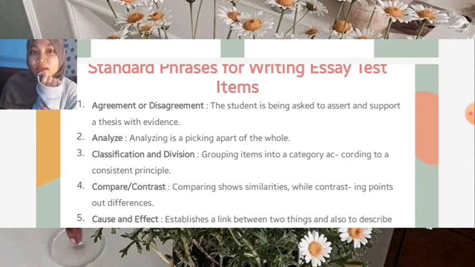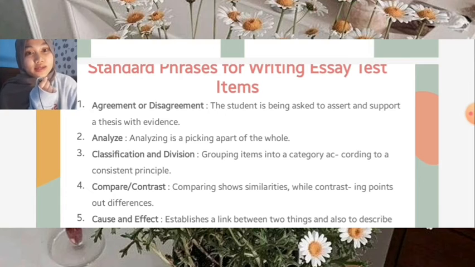The third, classification and division. Grouping items into a category according to a consistent principle. The fourth, compare or contrast. It means comparing shows similarities while contrasting points out differences.